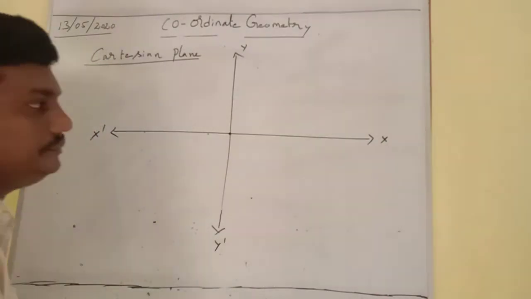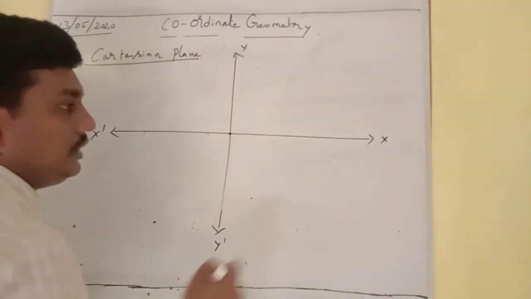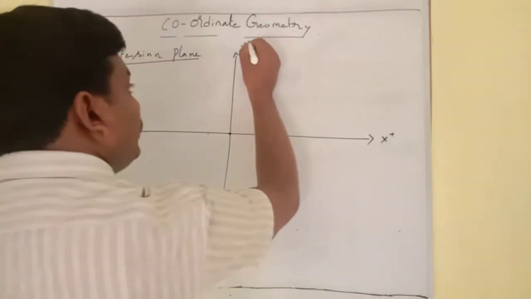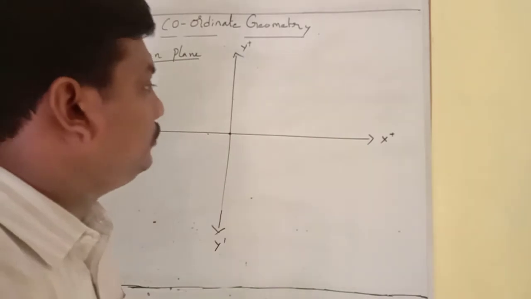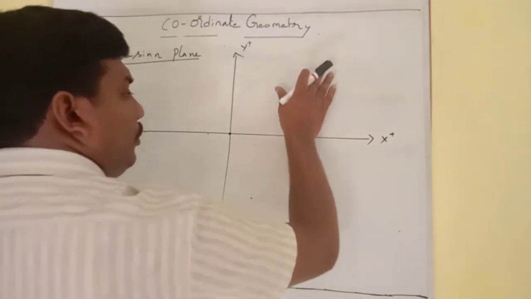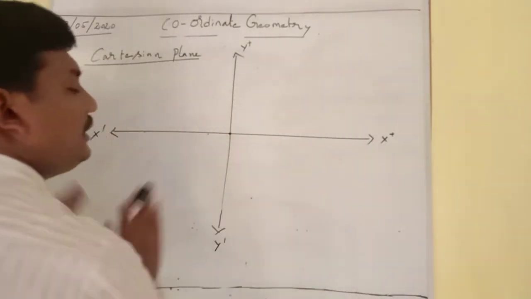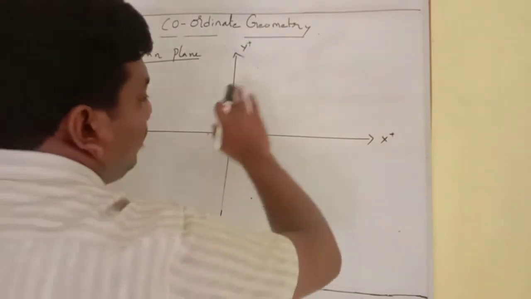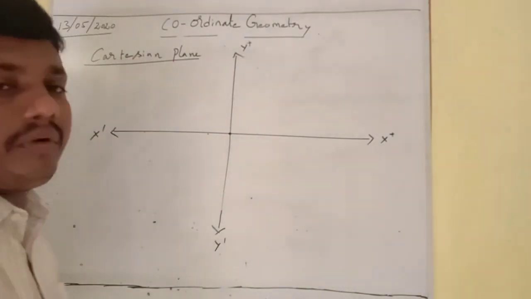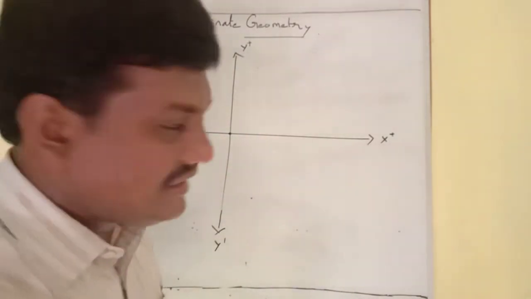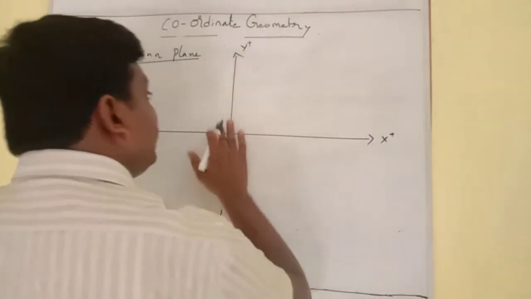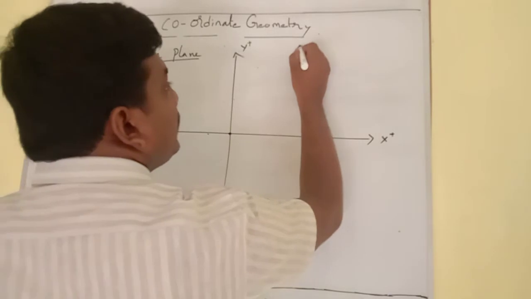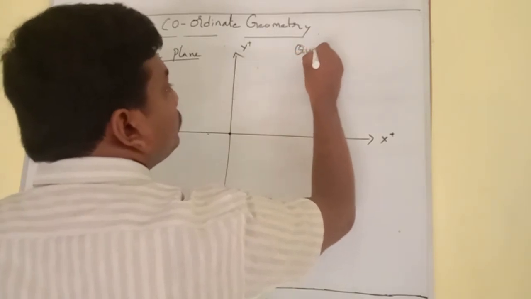We can also consider x plus and y plus, x minus and y minus. When two reference lines divide the given plane into 4 parts, each part is called a quadrant. Here plus x-axis and plus y-axis we consider as quadrant 1.